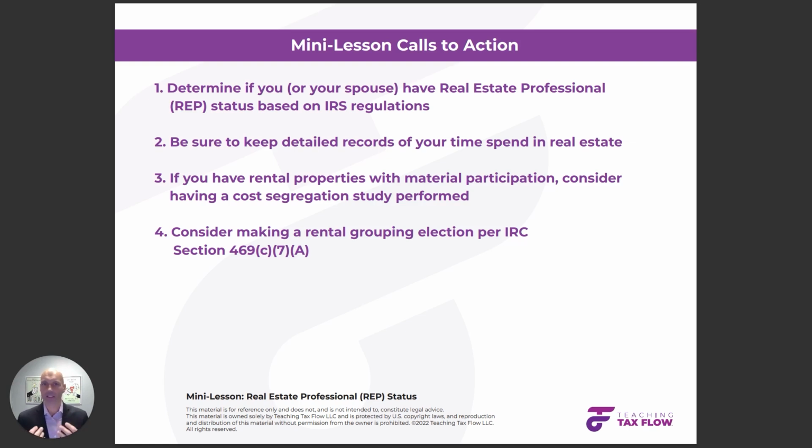A lot of times that cost segregation study will trigger a loss on your Schedule E, and that loss can offset your other income. If you have several rental properties and you have REP status, consider making the rental grouping election, Section 469(c)(7)(A). We have a whole separate mini lesson just on that rental grouping election and some content there.